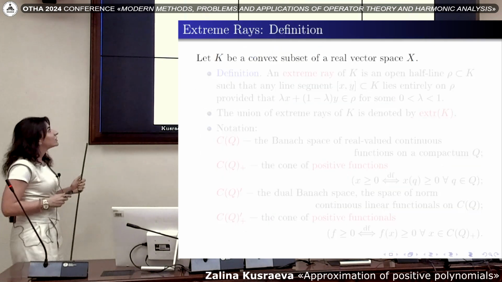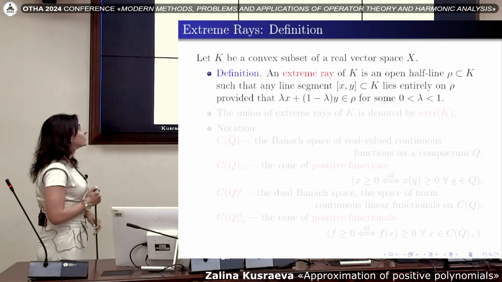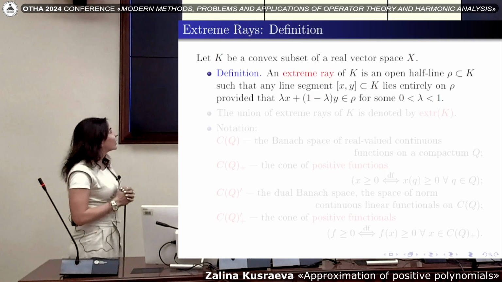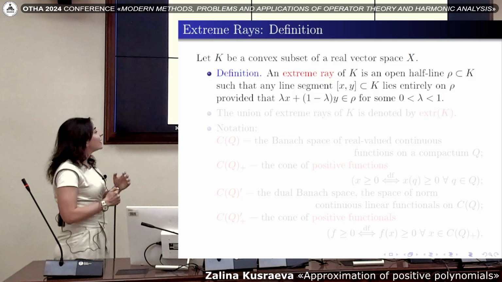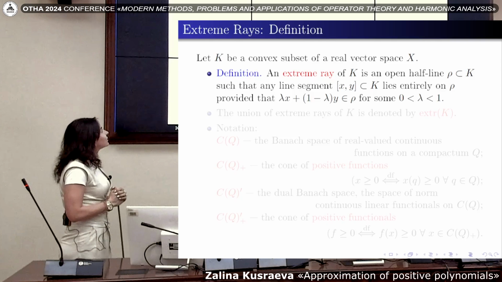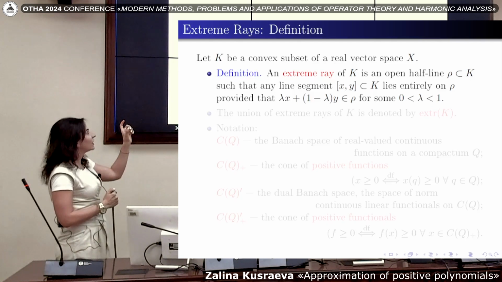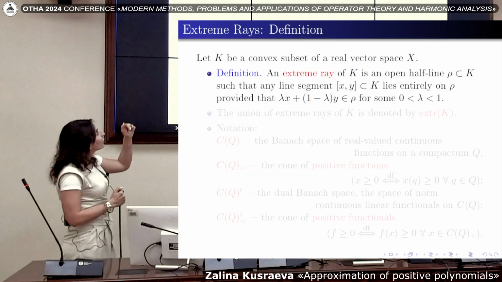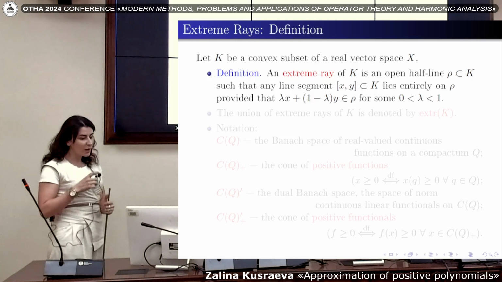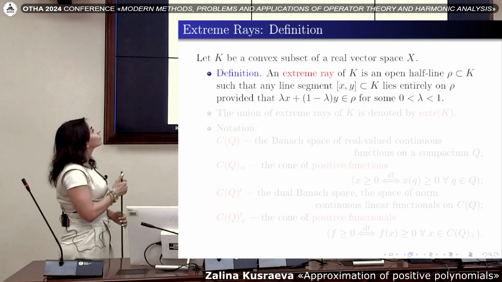Let me start with the precise definition of extreme ray. We call an open half line ρ of a convex subset A an extreme ray if any line segment which joins elements x and y of this set lies entirely on ρ, provided that there is at least one inner point of segment xy which lies on ρ.